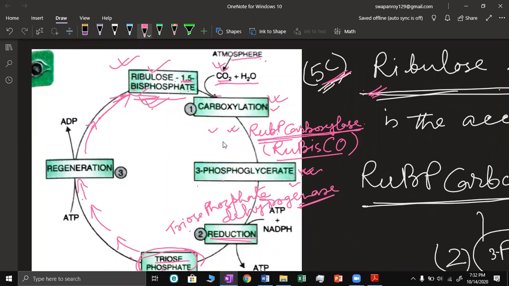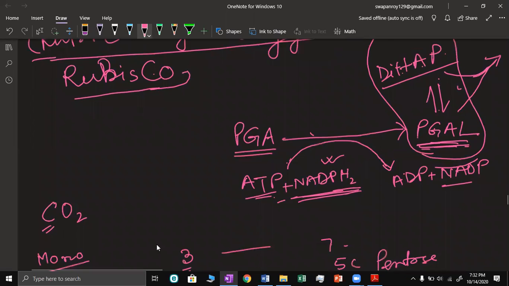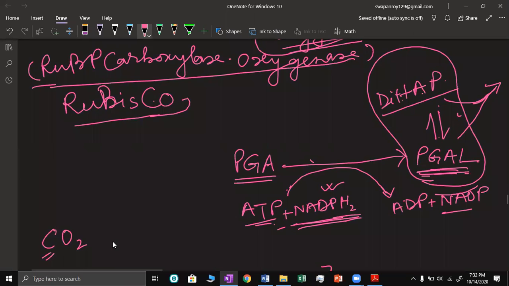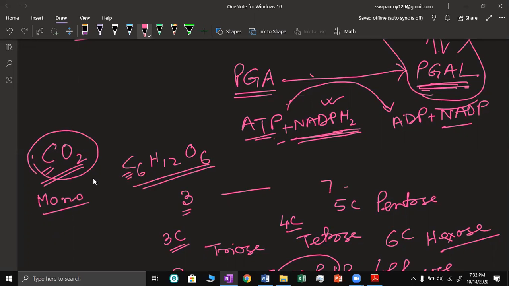Okay. So what happened? Carbon dioxide is a one carbon compound. Single carbon is there. And what is the glucose formula? C6H12O6. Means here 6 carbon. So if glucose is to be produced from carbon dioxide, then 6 molecules of carbon dioxide are required, is it?